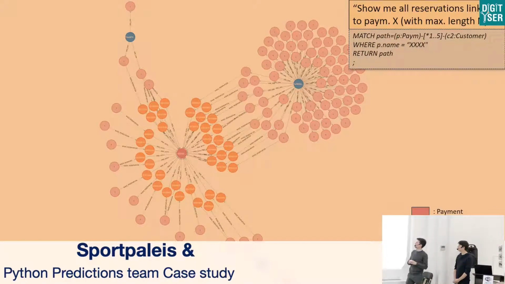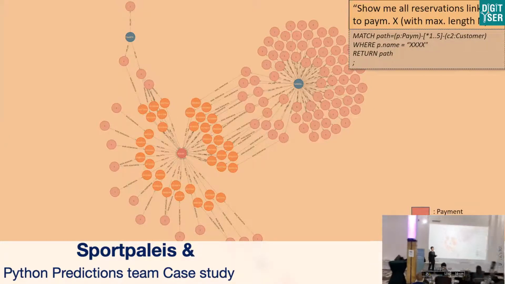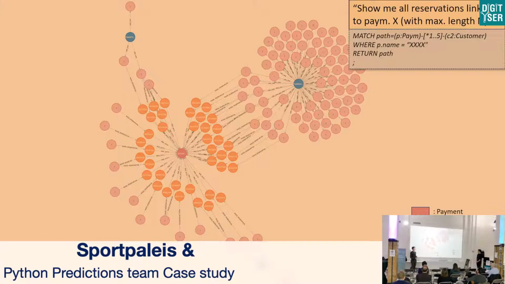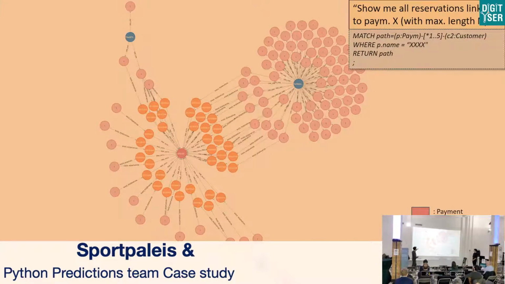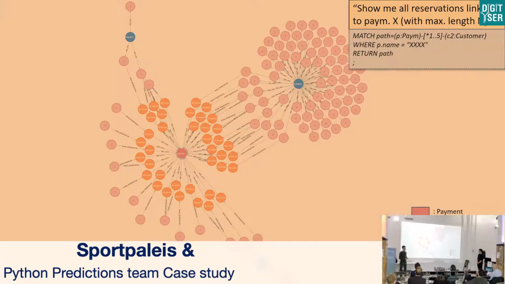So what is on this picture? You have the pink dots. These are the customers, and okay, it's not readable, but it's not so important. They also have a label inside: a 1 means they were already on the fraud list, and a 0 means they are not yet on the fraud list. In orange we have the reservations, and in red the payment info.